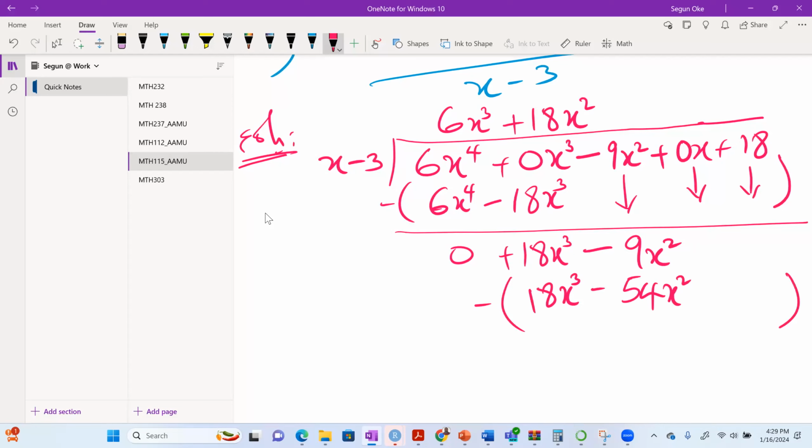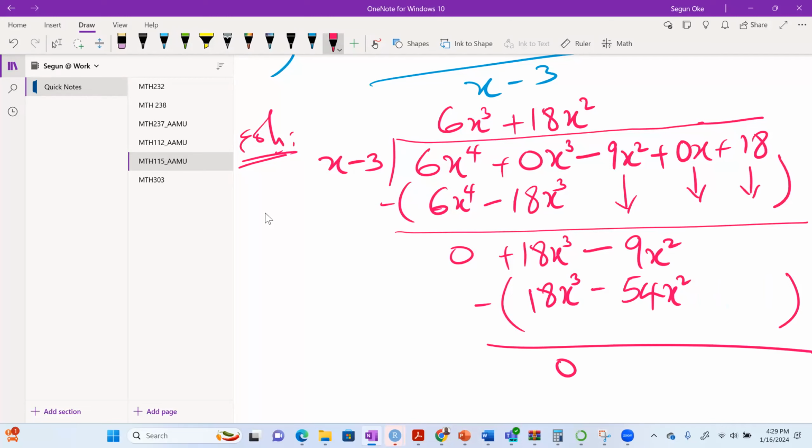So let me just put it this way so that you understand. When you underline this one, 18x cubed minus 18x cubed will give you 0.